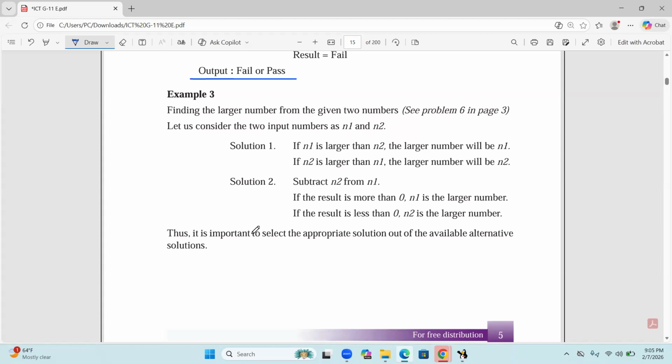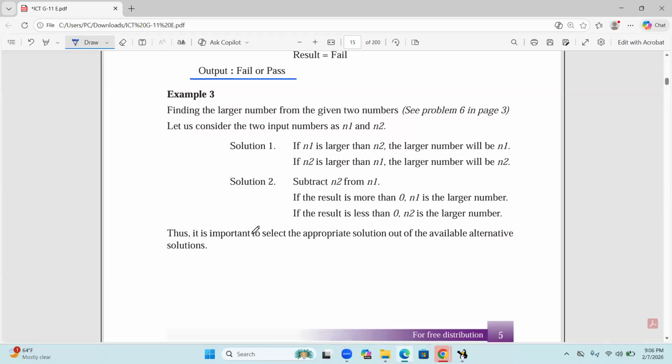If the result is more than 0, that means it is a positive number, then n1 is the larger number. Otherwise, less than 0, that means a negative number, then n2 is the larger number.